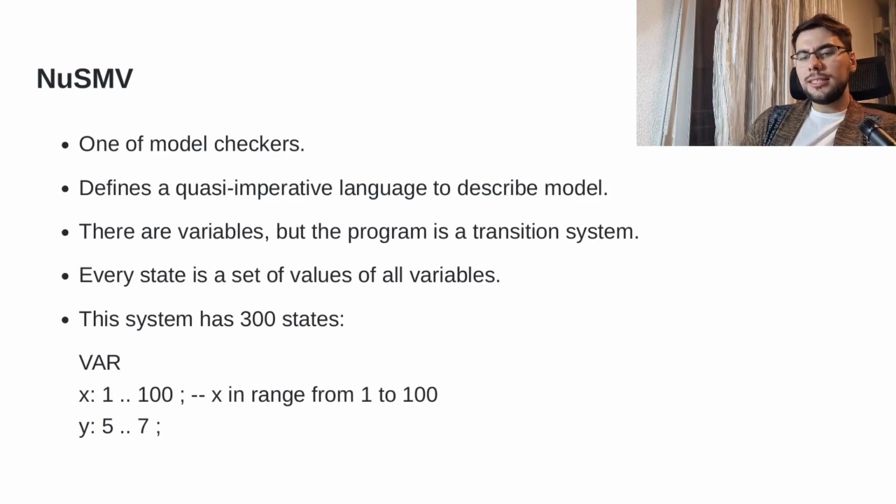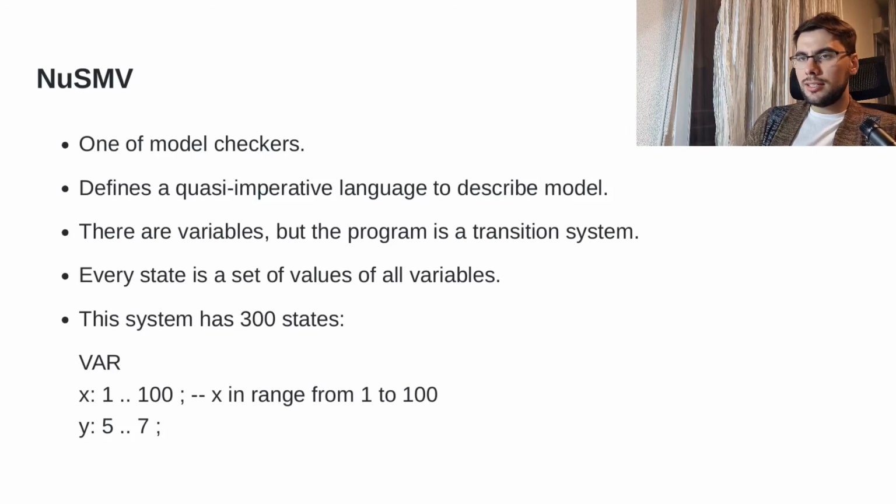At first glance, this language seems imperative because it has variables. However, the program is actually a transition system, and the variables are encoded into states in the same way we have shown earlier. And every state is a set of values of all variables. For example, in this fragment of description, you see 2 variables.